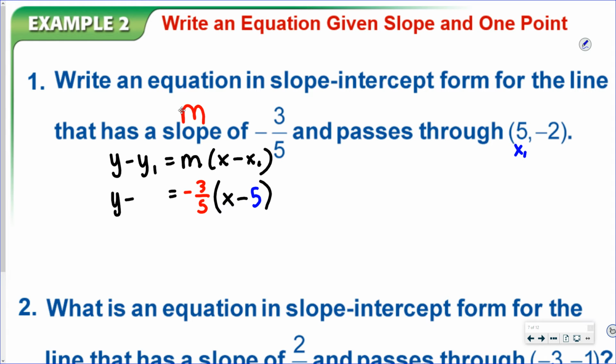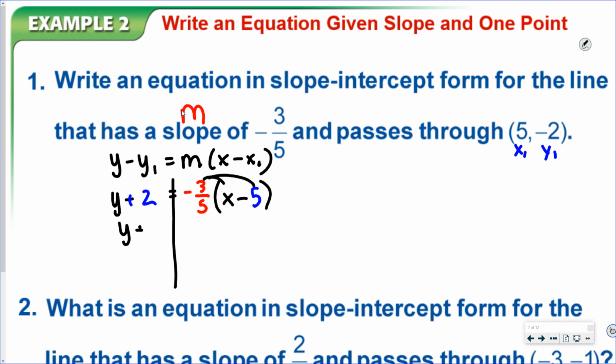What would I plug in for y sub 1? -2. So y minus -2, you could just change that to +2. Now we're going to put this in slope-intercept form. Here's good practice distributing, with a few more fractions for you guys.